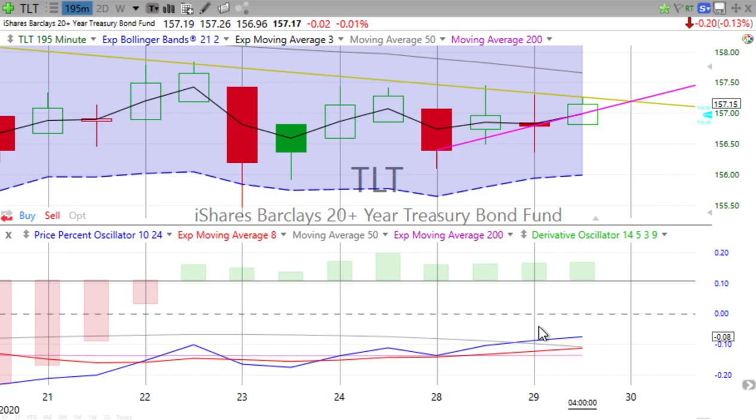You couple that with your price percent oscillator and your derivative oscillator and all 3 of the time frames, along with the trend lines and the Bollinger Bands. That's everything we use. Putting all that together in one big amalgam of knowledge, that's what gives you the feel that we are training for.